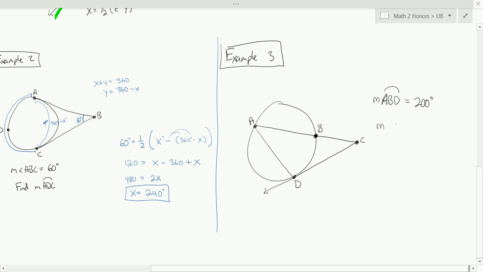And the measure of arc BD, say that's 100 degrees. And I want you to find the measure of angle BCD.